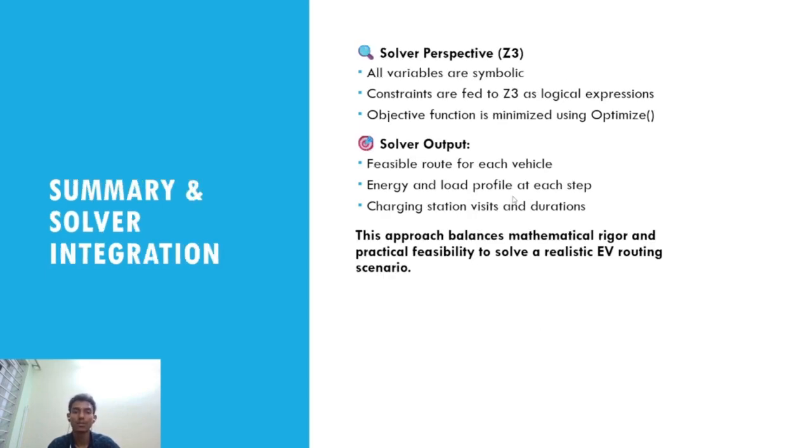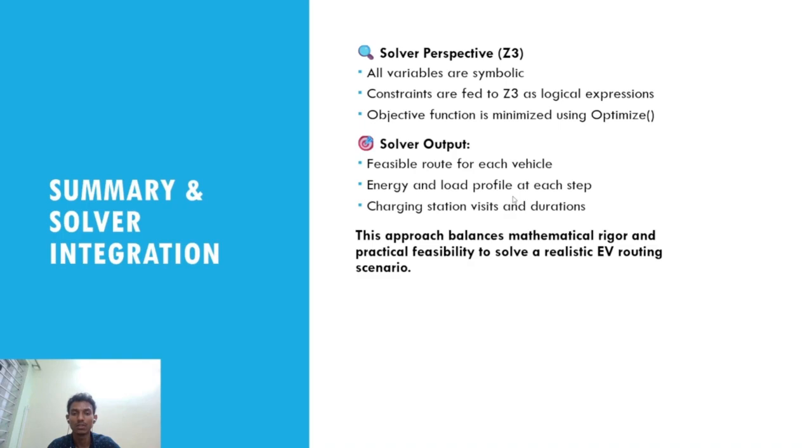To solve this complex problem, we have used Z3, a powerful SMT solver. All constants and decision variables are encoded symbolically, and we use Z3's optimize function interface to minimize our objective function.